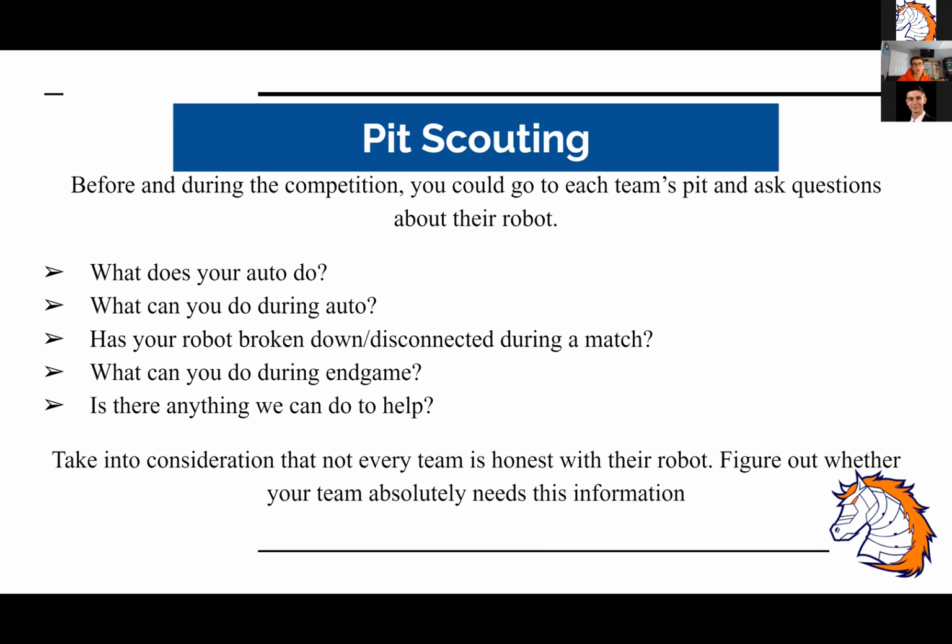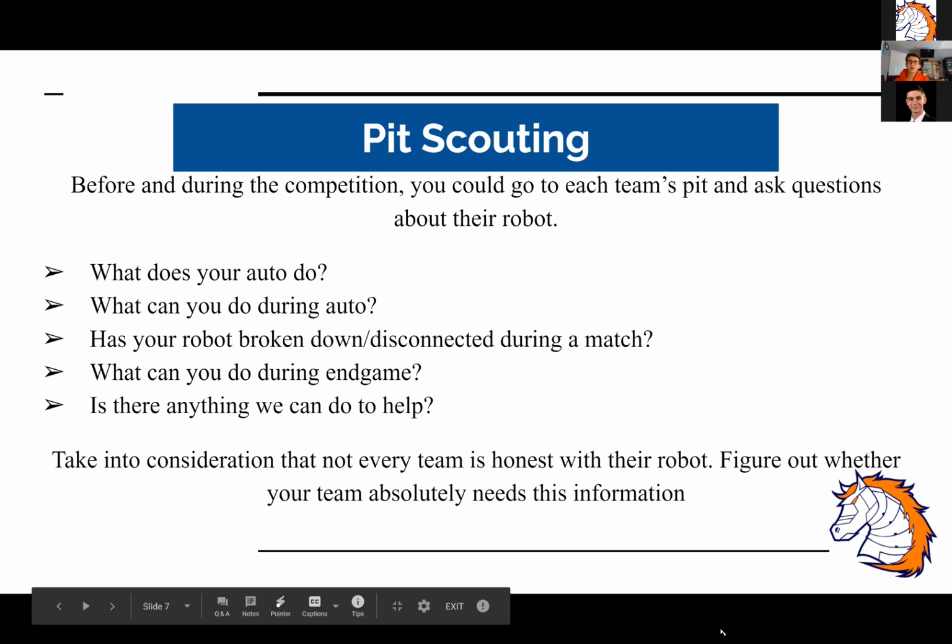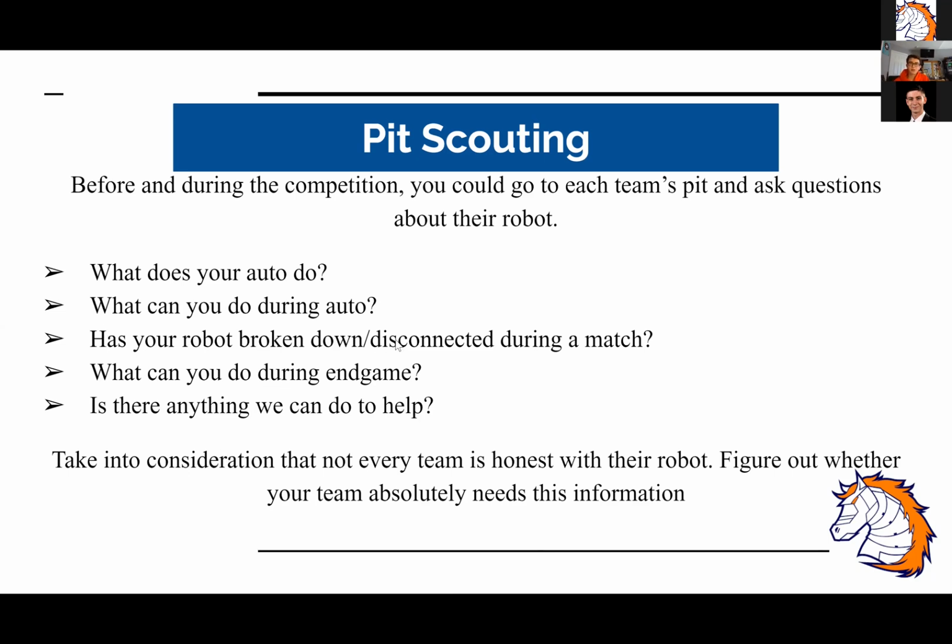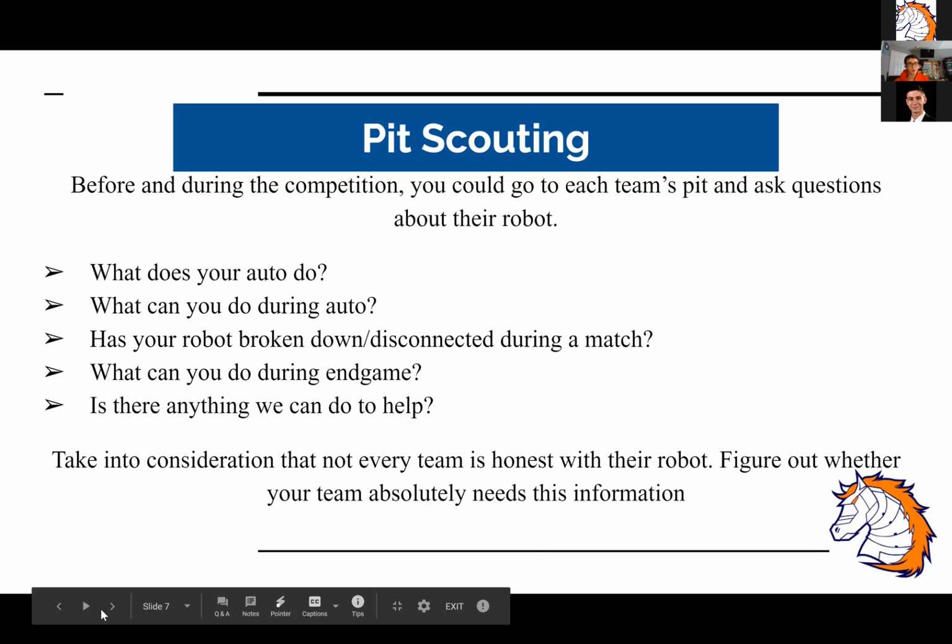Then we pull up a picture of this robot and say, oh yeah, I like this part of the robot. Or I remember this robot, they were able to score a lot more, and they were doing really good at this aspect of the game. So that is the one part of pit scouting that I do, but all of the questions, I don't do it, because teams can lie to look good in front of other teams.